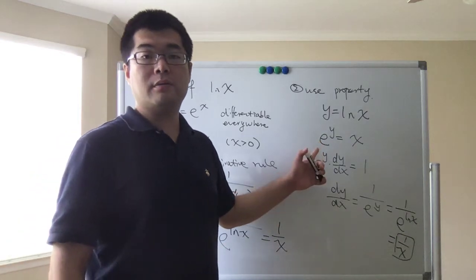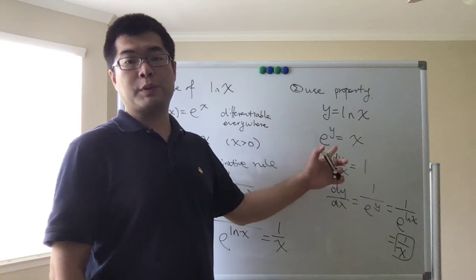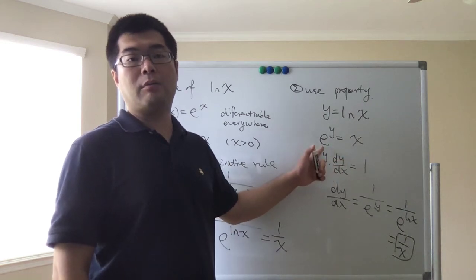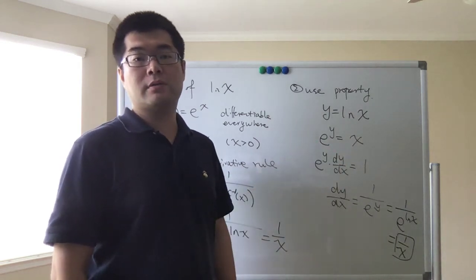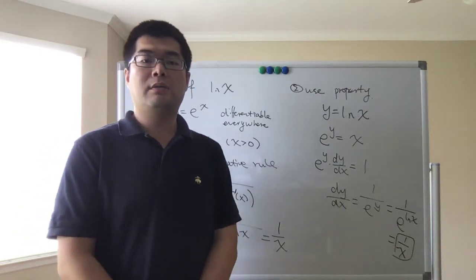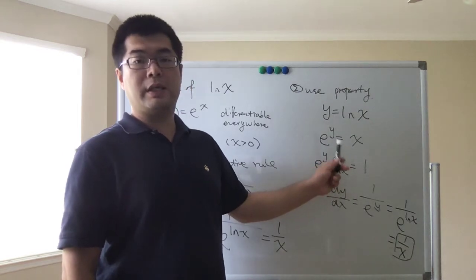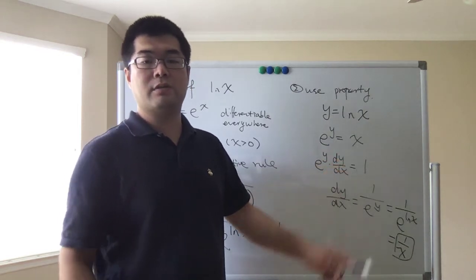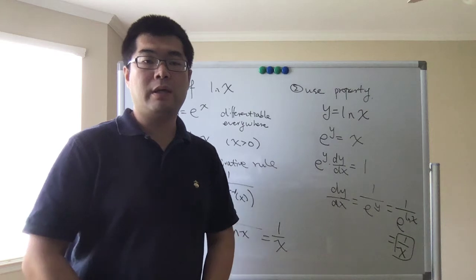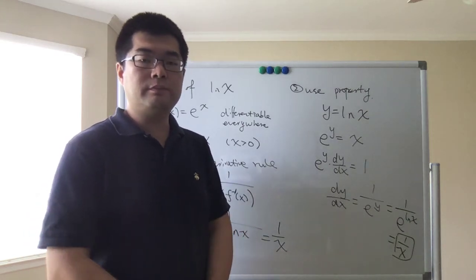So I can take the exponential function on both sides. So I have e to the power y equals x. So this is a very natural transition. And on top of that, we're going to use implicit differentiation. We talked about that, right? In, I believe it's 3.7.